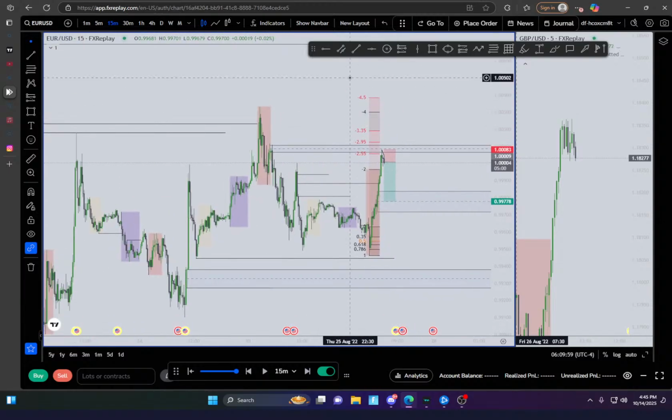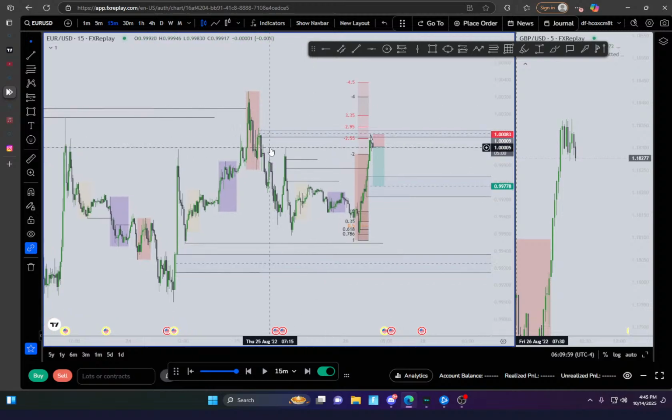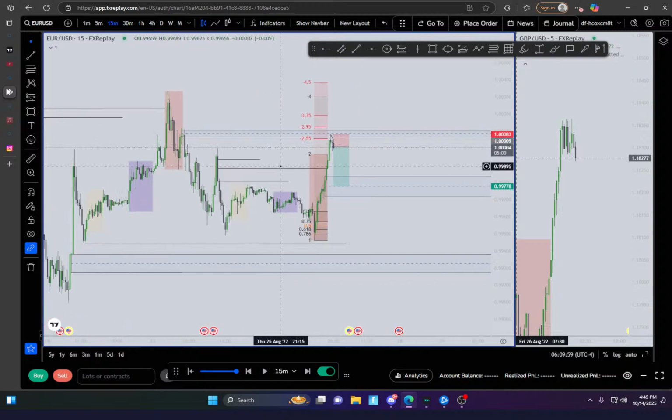But why would we be seeking to hit equilibrium, check out this low, or seeking efficient price action?